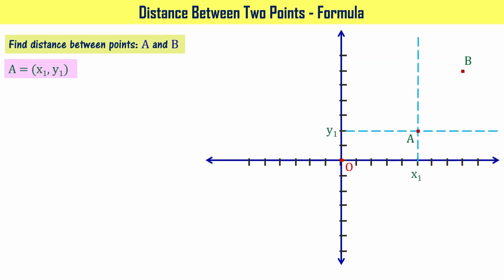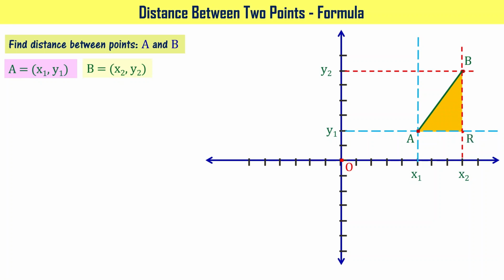A is denoted using x1 comma y1, whereas B is x2 comma y2. If I connect A and B, I am getting a line segment AB, right? Let me mark this particular point as R.